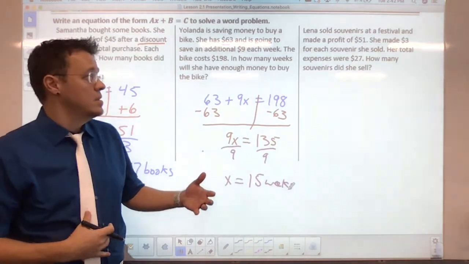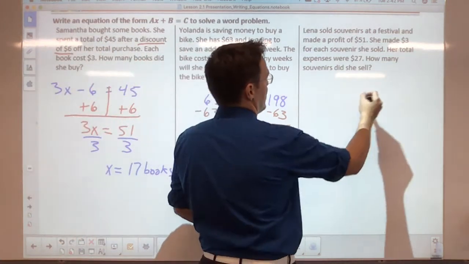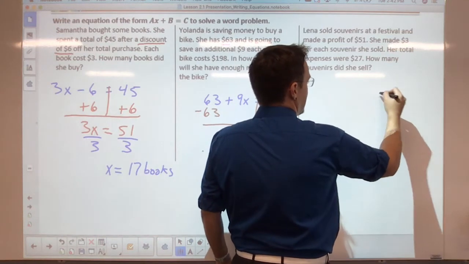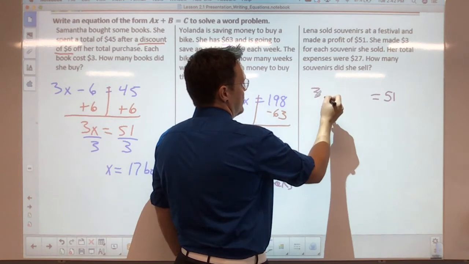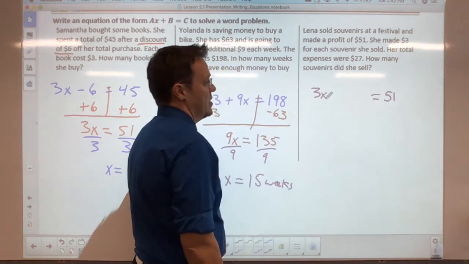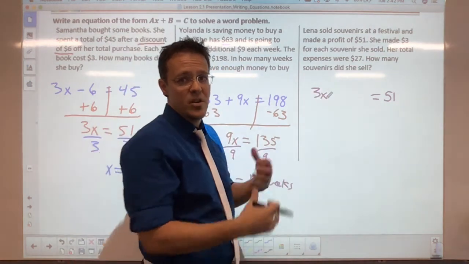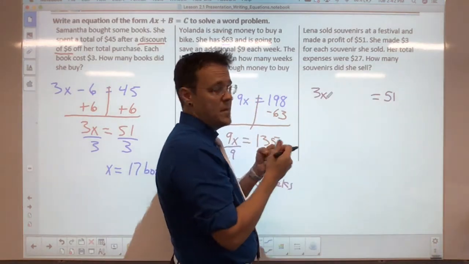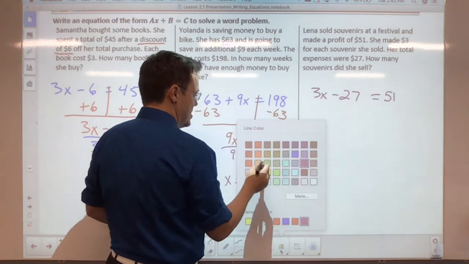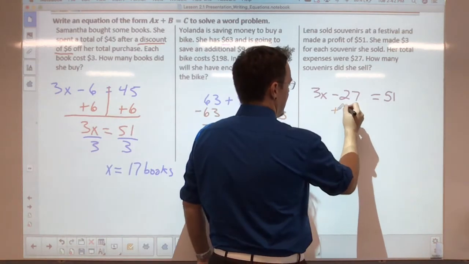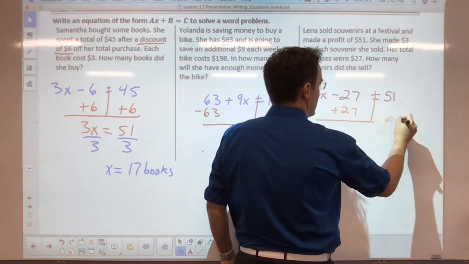The very last one. Lena sold souvenirs at a festival and made a profit. That's how much money she's going home with. She made $3 for each souvenir that she sold. And her total expenses, remember, expenses are a negative cost, they're taking away from your profit, so that'd be minus 27. So how many did she actually sell? Same thing, you have to solve the equation.